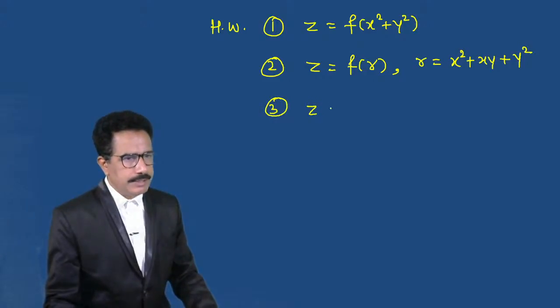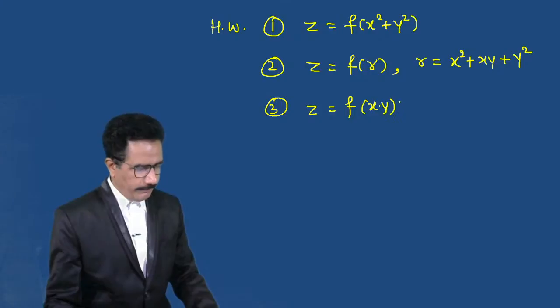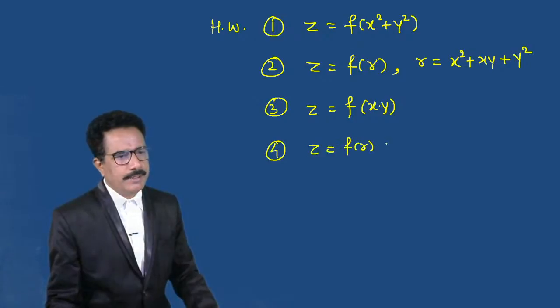Third, z is equals to f of x into y. Fourth, z is equals to f of r, where r is equals to x cube into y square.